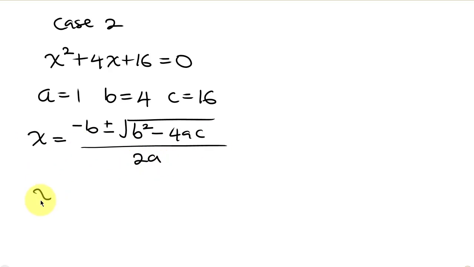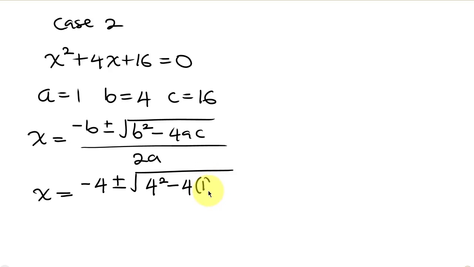So this becomes x equal to negative b. b is 4, so I'm going to be writing negative 4 plus or minus the square root of b squared, that is 4 squared, minus 4 times a. What is a? A is 1 times c. c is 16. Good.